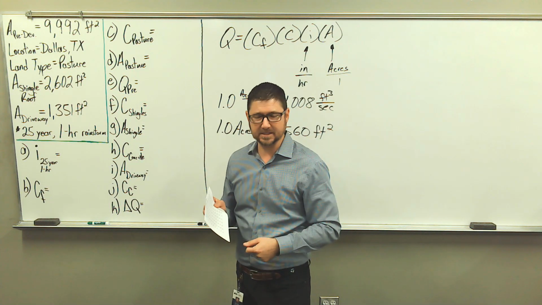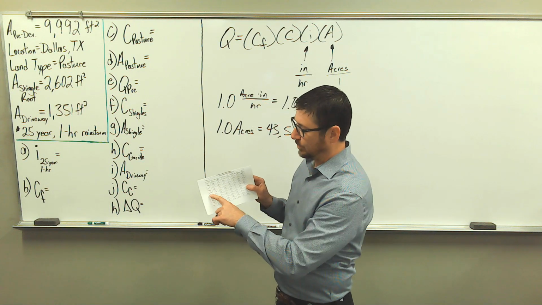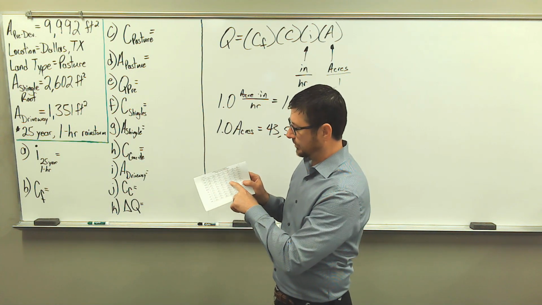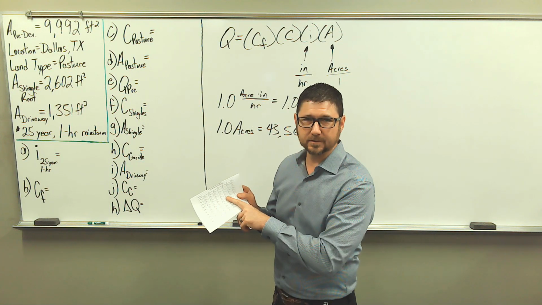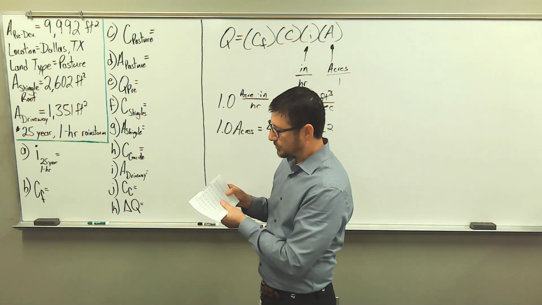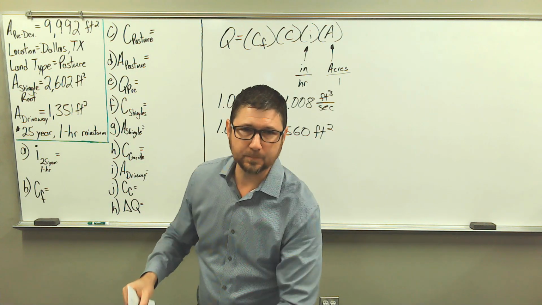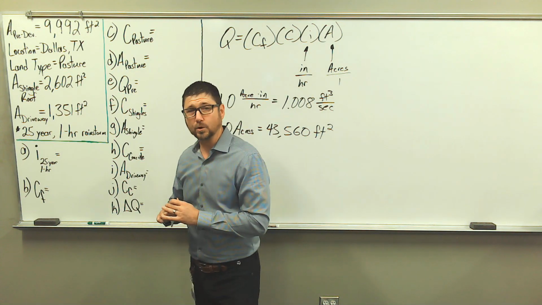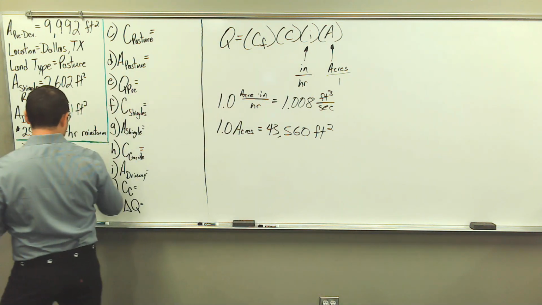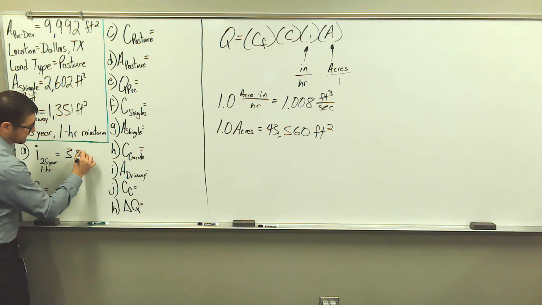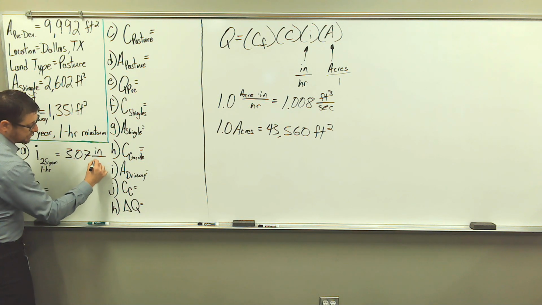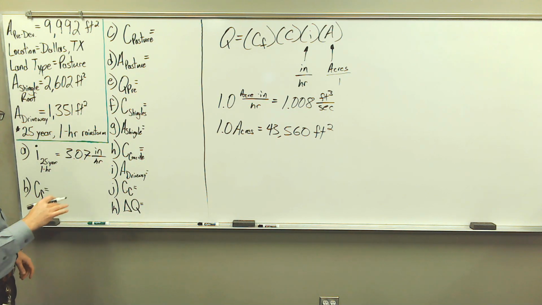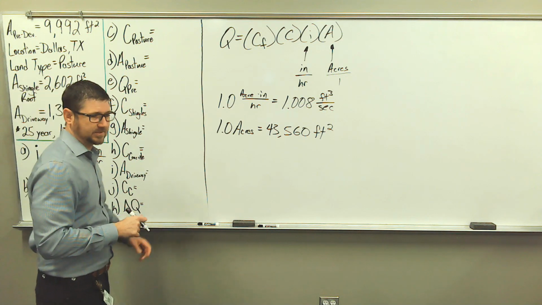We know that 60 minutes is 1 hour. We follow this row over to the 25-year column. Our value is 3.07 inches per hour. So in part A, that's our answer, 3.07, and we have to use units of inches per hour. The units are very important.